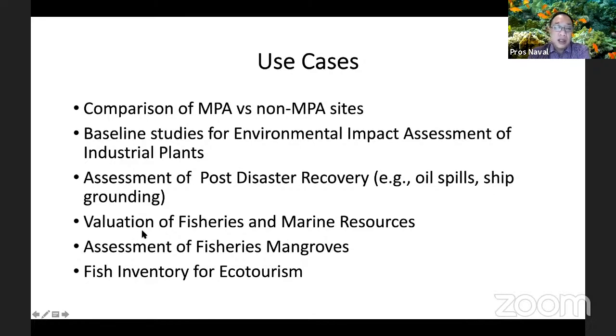You can also use this for valuation of fisheries and marine resources, assessment of fisheries, of mangroves, and for doing a fish inventory for ecotourism purposes.